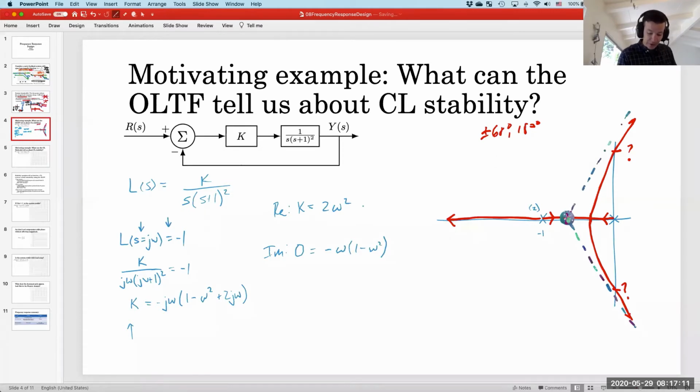Okay, so this equation has two unknowns in it, so I don't want to really start there. This equation only has one unknown in it, so let's start here. This is solved for omega equals 0, but also omega equals plus or minus 1, sorry, my bad.